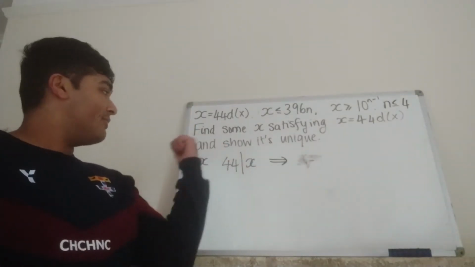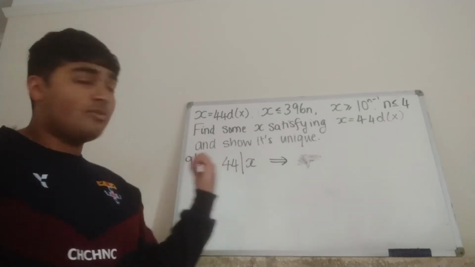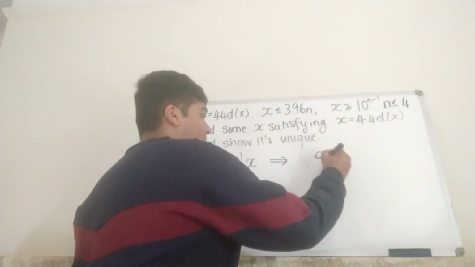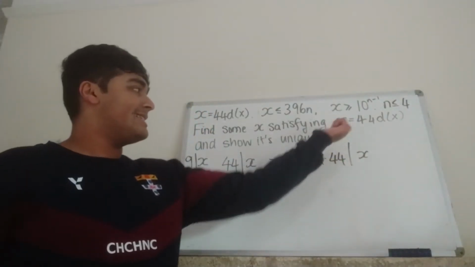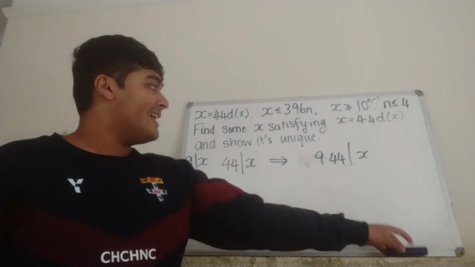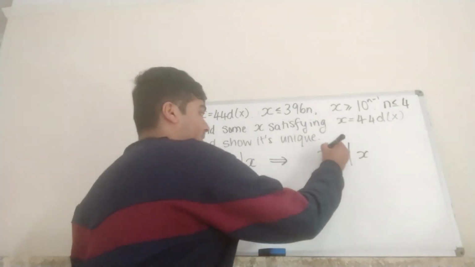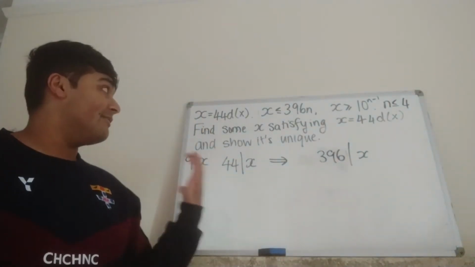Since we know x is a multiple of 44 and x is a multiple of 9, noting that 44 and 9 are co-prime, x must be a multiple of 9 times 44. Okay, so whatever this is here, it must be a factor of x, but 9 times 44 is just 396. So we must have 396 is a factor of x.